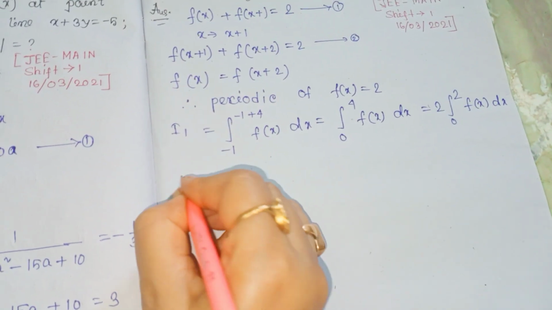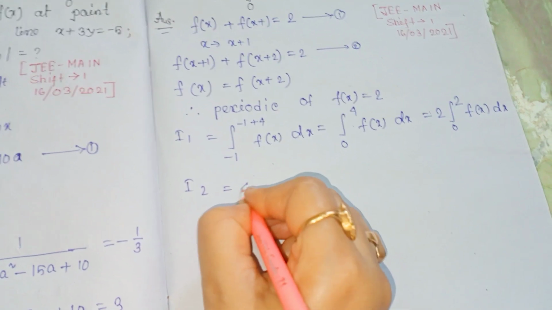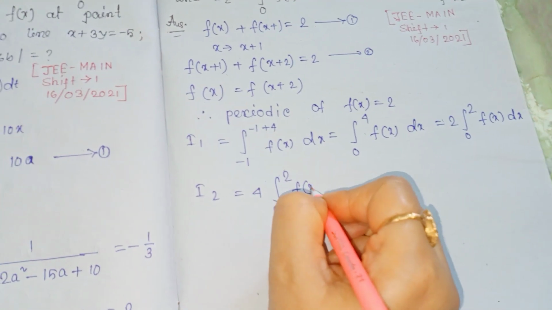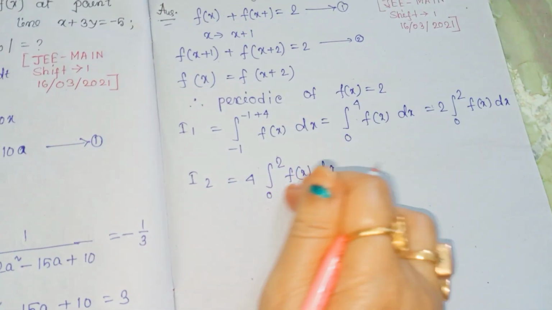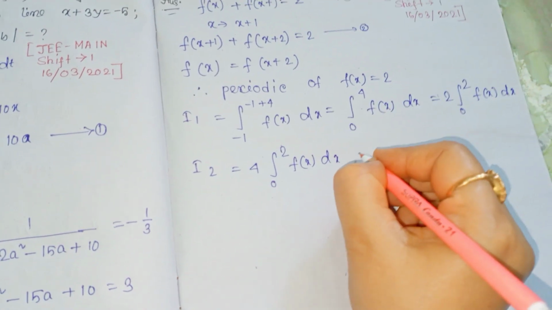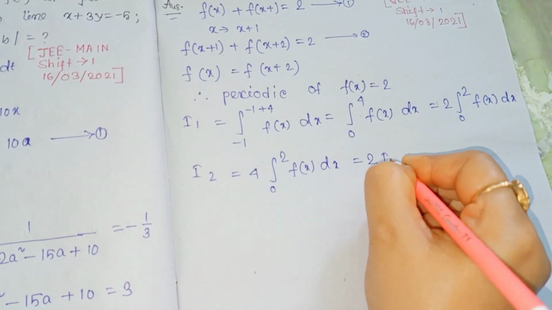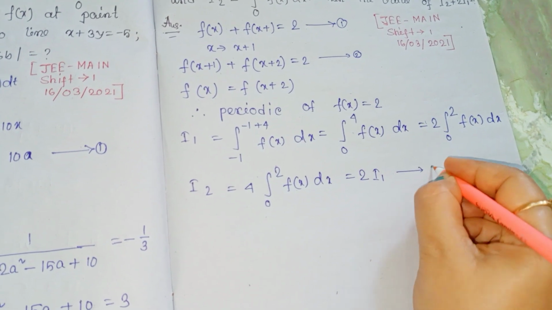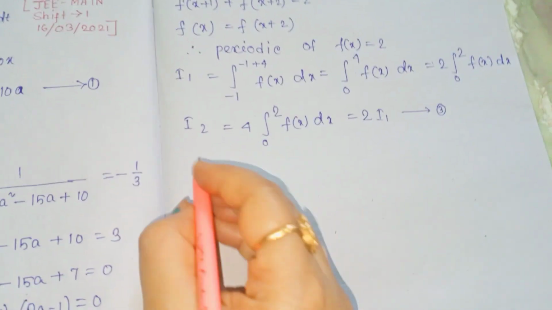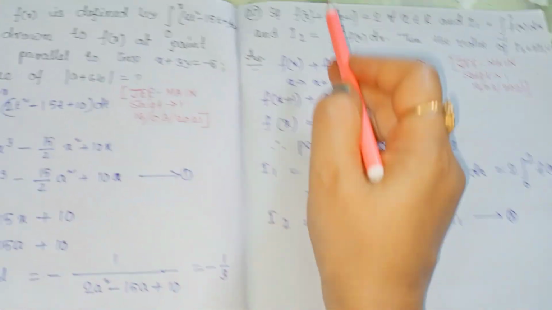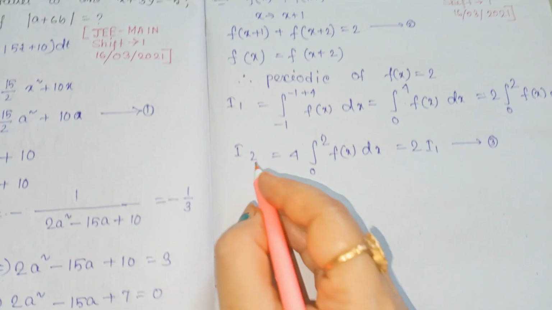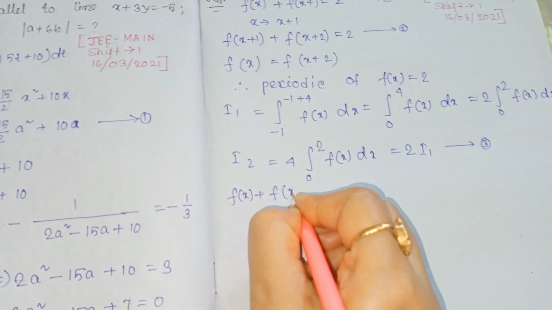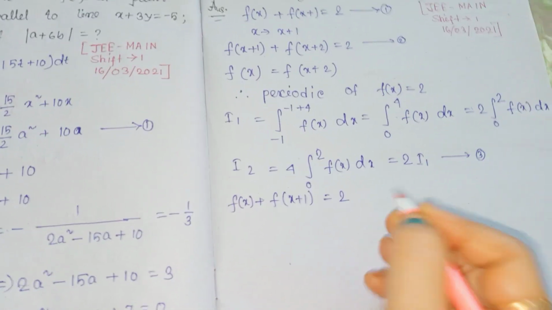And I2 is equal to 4 into the integral from 0 to 2 of f(x) dx, which is 2I1. This is equation number 3. Now f(x) + f(x + 1) is equal to 2 given.